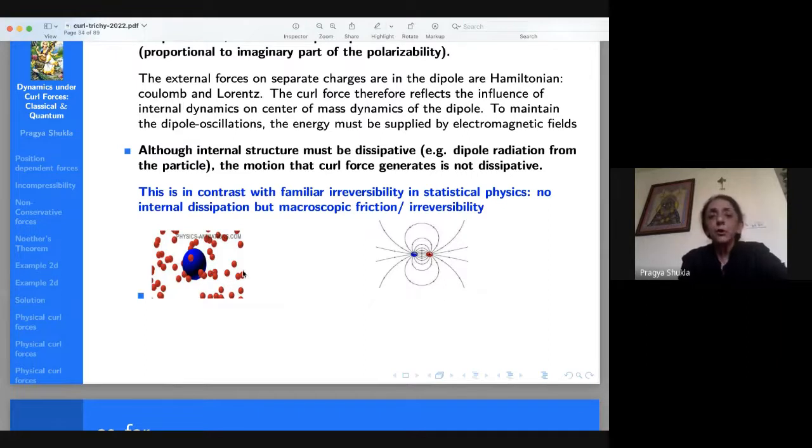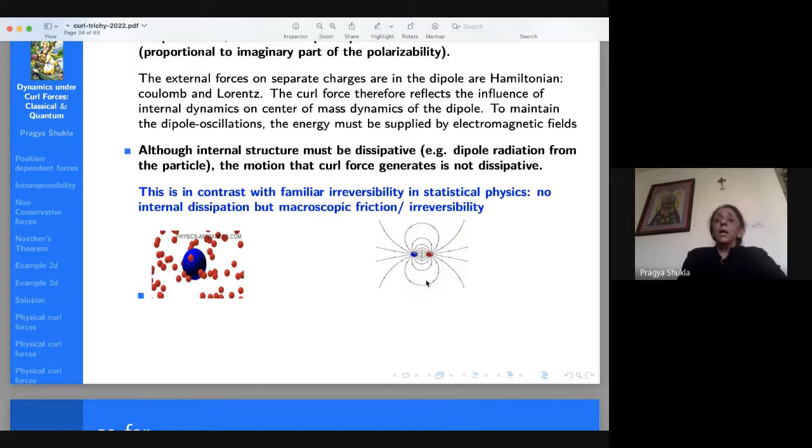So there is a macroscopic friction, and because of macroscopic friction, there is a macroscopic irreversibility. Although at a very small microscopic level the dynamics is reversible, at macroscopic level the dynamics is irreversible. Okay.